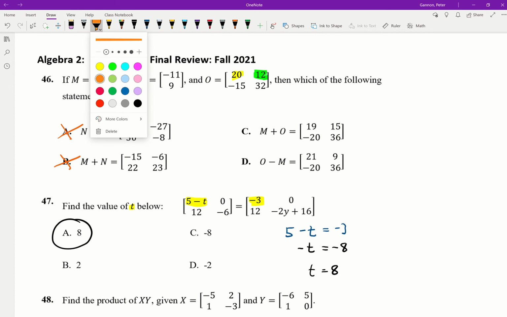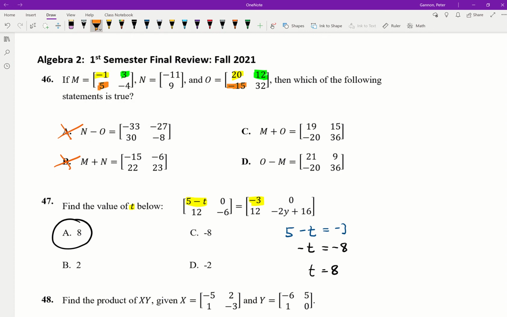The next two I would look at would be 5 and -15. Well, 5 and -15 should be -10. So that's wrong. All right, so that leaves us with D as the only answer by process of elimination. Well, again, if I'm doing O minus M, all right, it's 20 minus -1, which means you would add them to get 21.